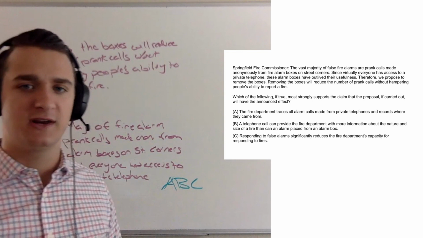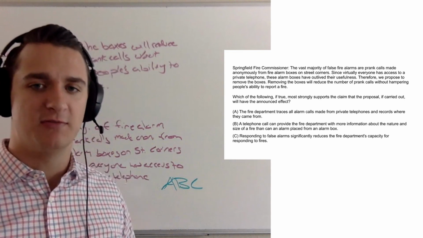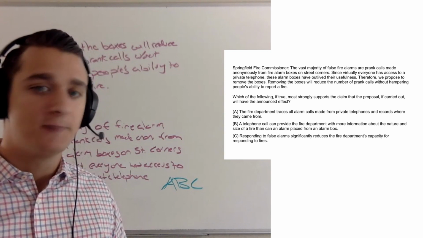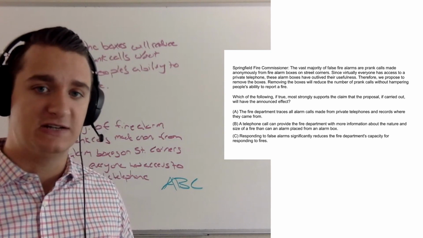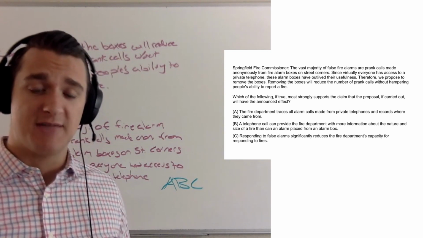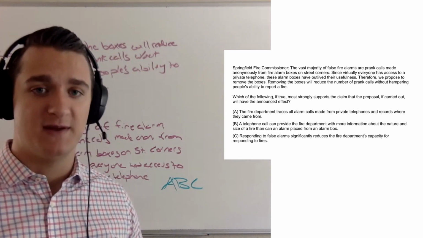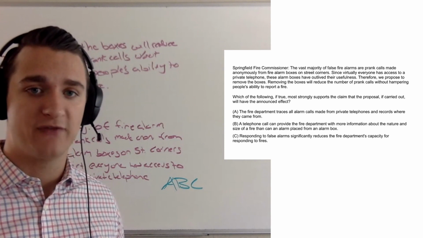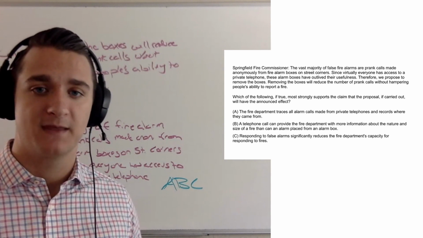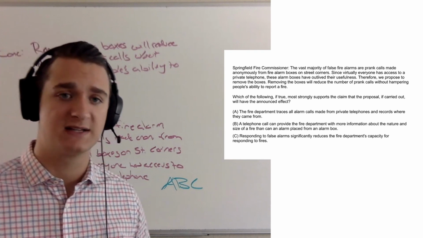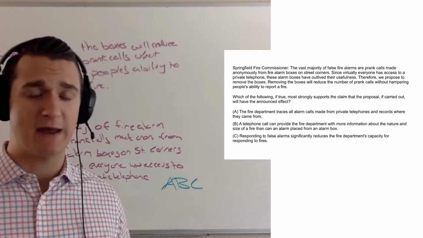B, a telephone can provide the fire department with more information about the nature and size of a fire than can an alarm placed from an alarm box. Now, that actually looks tempting when I first read it, because if it can provide the fire department with more information than can an alarm placed from an alarm box, it makes me think, well, that's probably better for the fire department.